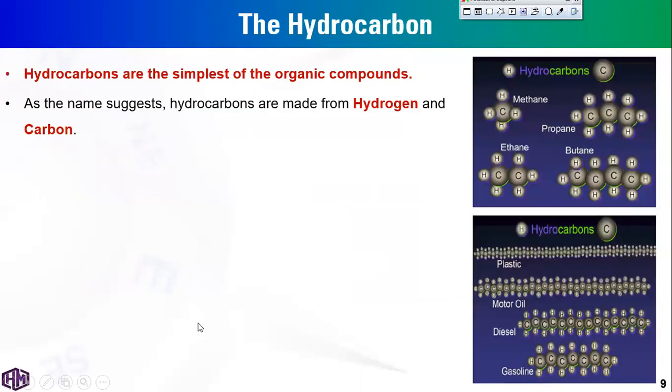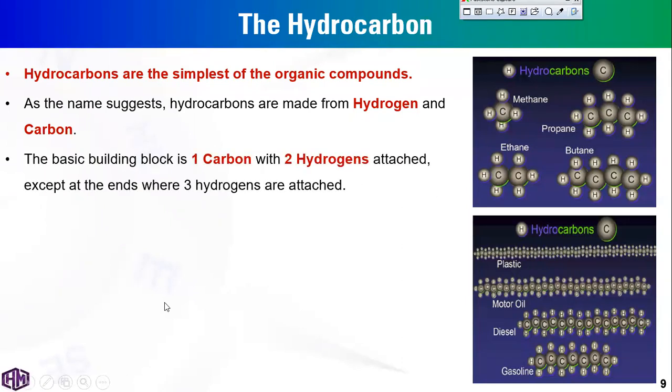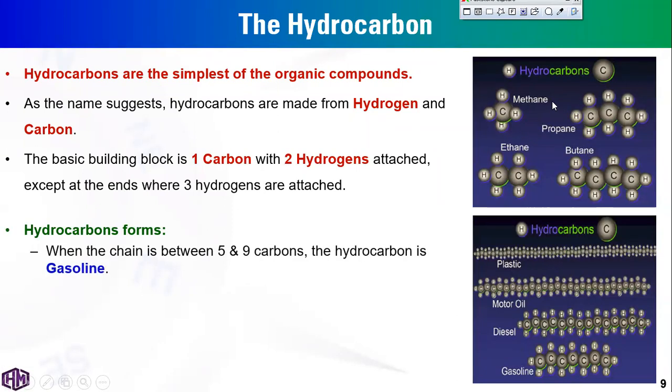The simplest form of hydrocarbons is a set of organic compounds. Hydrocarbons are made of hydrogen and carbon atoms associated together based on a specific structure. In the basic building block for hydrocarbons, we may have one carbon atom and two hydrogen atoms, and based on the structure, we may have different hydrocarbons like methane, ethane, propane, and so on.